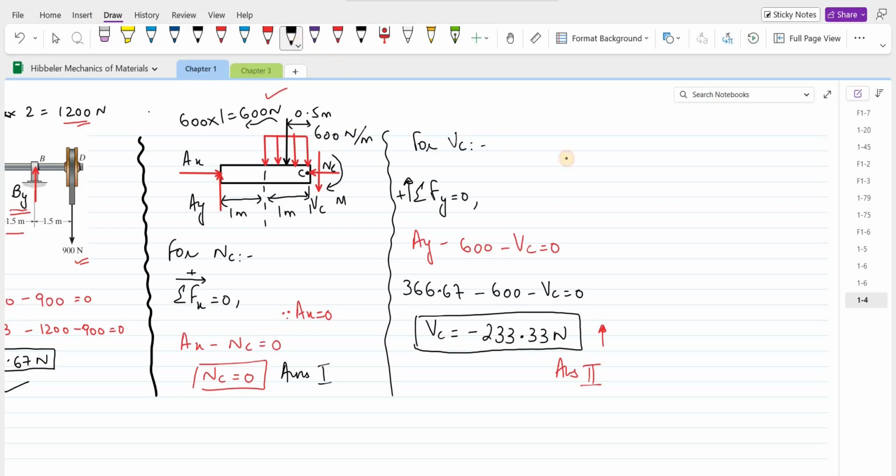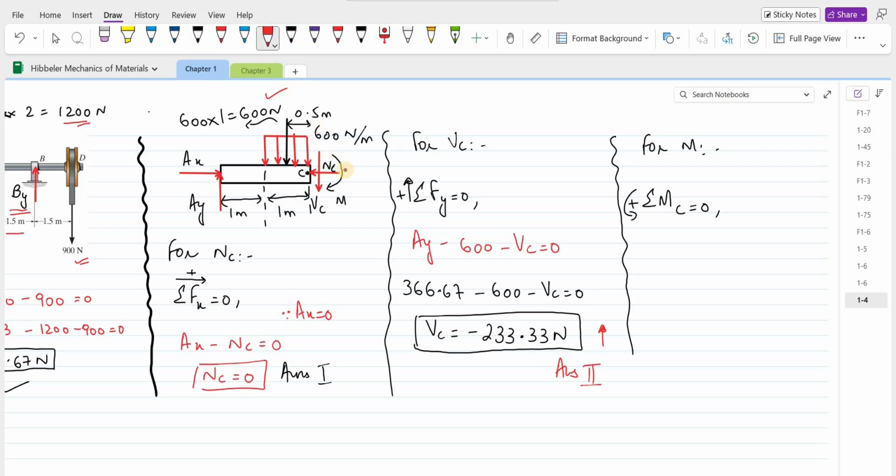So now for the internal moment M, we can do summation of moments at point C equals to 0. I am considering counterclockwise direction as positive.